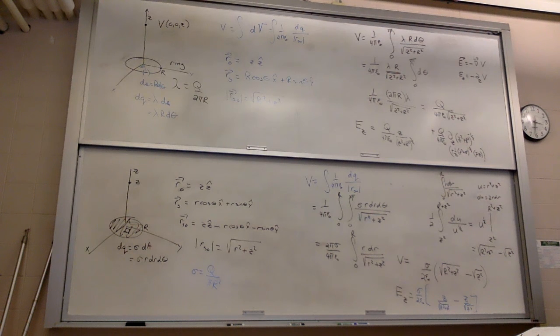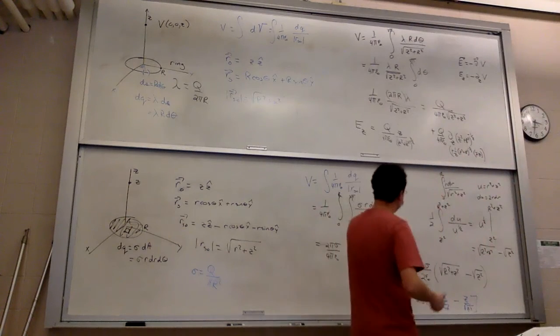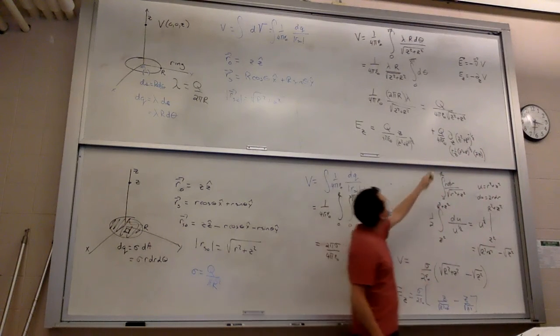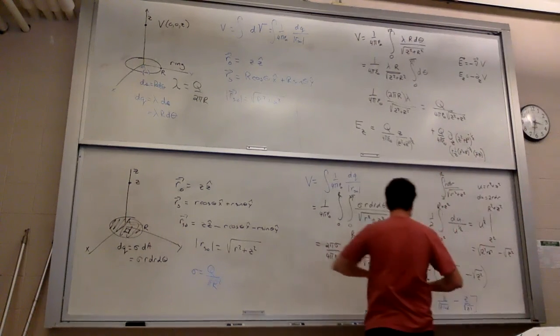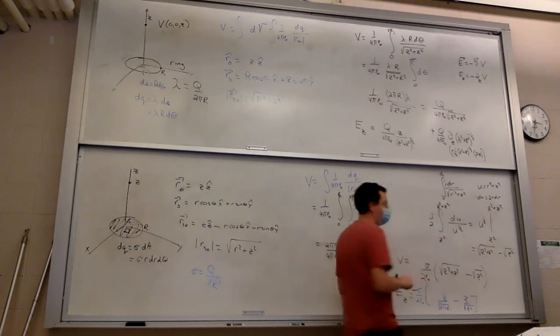Derivative, whatever. So this thing, oh wait, sorry, I forgot something, I was wrong. E is minus that derivative, which means I get an extra minus on there. Sorry.